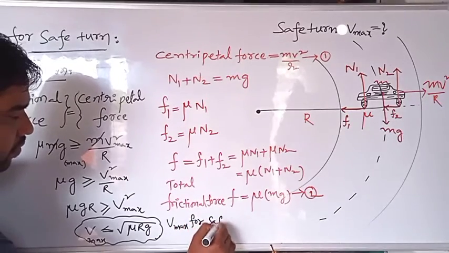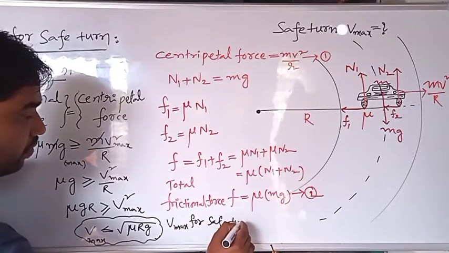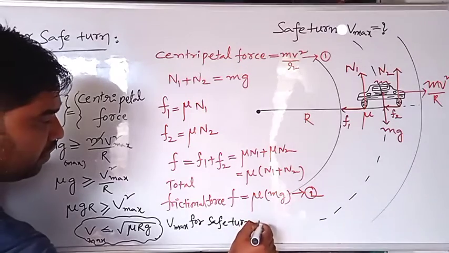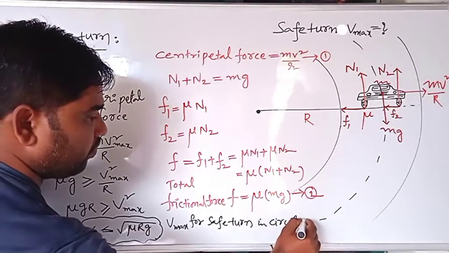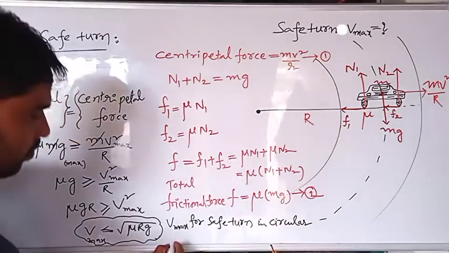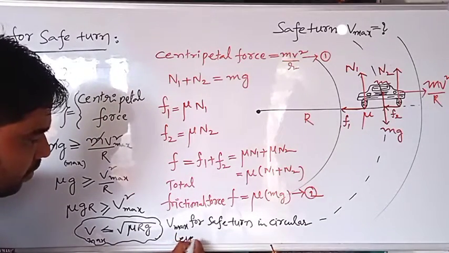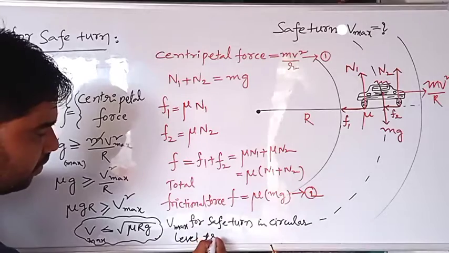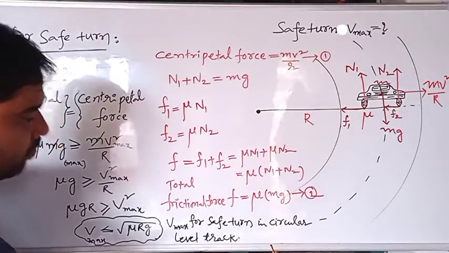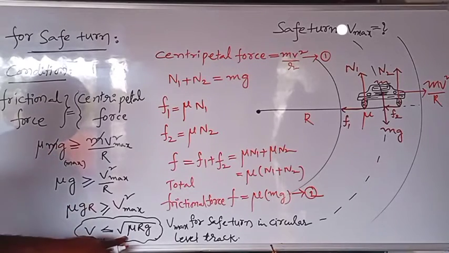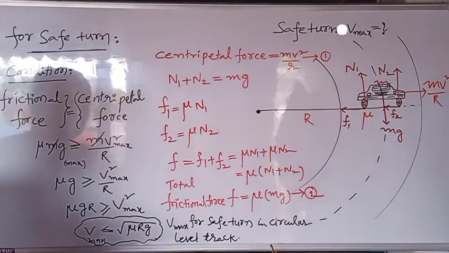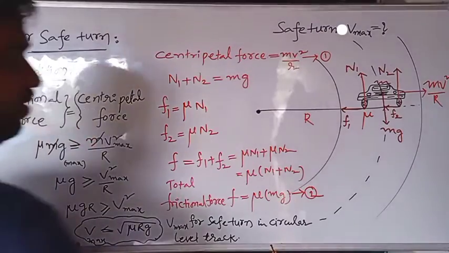Maximum velocity for safe turn in circular level road. If the velocity is greater than root mu R g, what will happen?